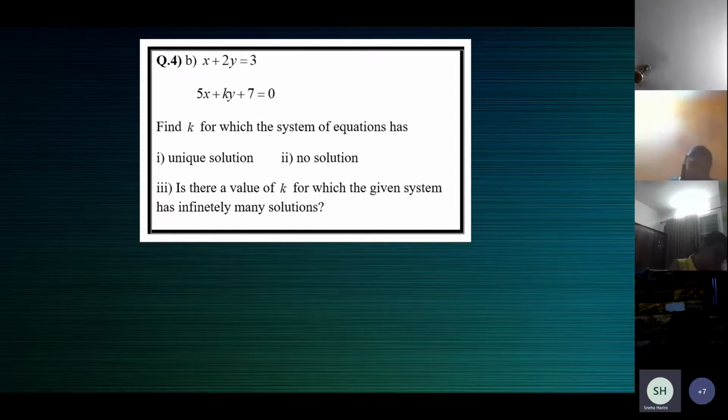Second subdivision, ma'am. Okay, k is equal to 10 for the second one. Okay, let me check. Please complete the third one. k is 10 for the second one.